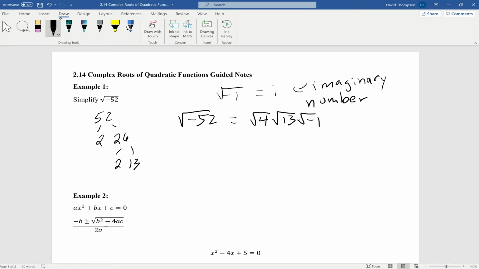Square root of 4 is 2. Square root of 13 we'll leave alone. Then we have i. So officially we would write 2i square root of 13. And we are done breaking down that radical.